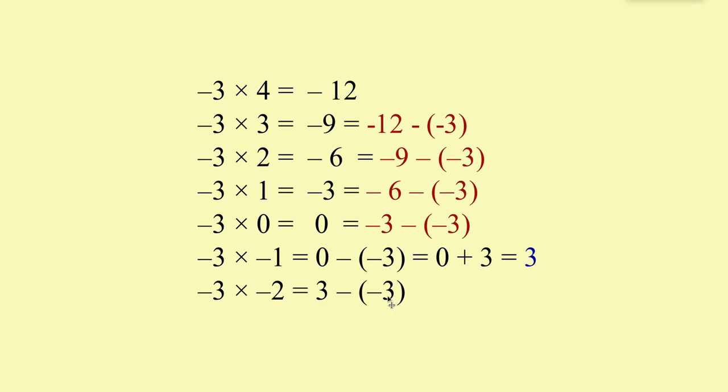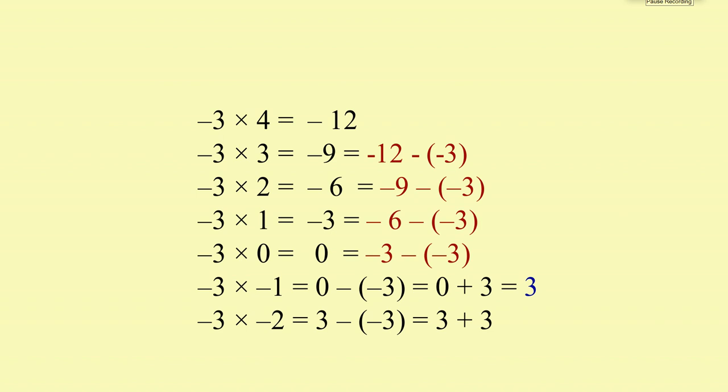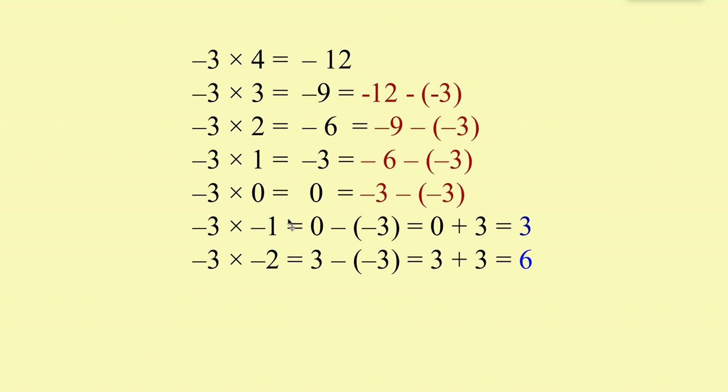That is 3 minus negative 3. How will you write? It is 3 plus 3. The answer is 6. Here negative 3 into negative 1 you are getting positive 3. Negative 3 into negative 2 you are getting positive 6.